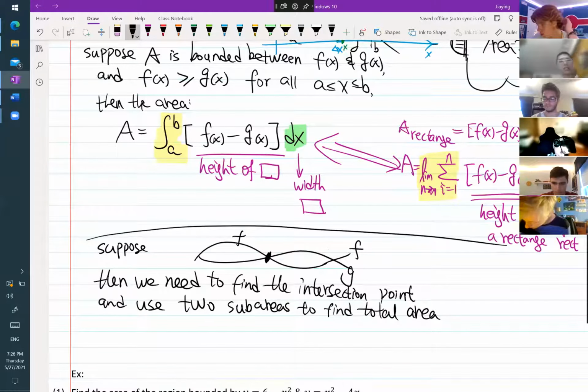So if you have a case where f is in some part less than g and in some part greater than g, we're going to have to focus on each area separately.